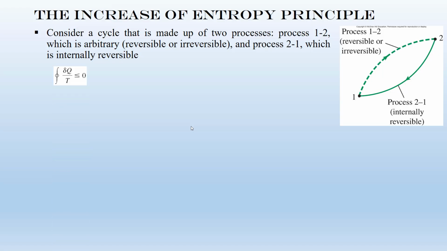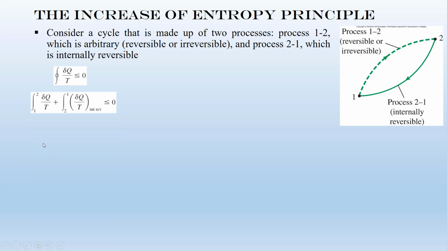Let's assume that we have a cycle, and from step 1 to step 2 there is either a reversible or irreversible process, and from step 2 to step 1 there is an internally reversible process. If you write the Clausius inequality, this inequality is valid for both reversible and irreversible processes. This delta Q over T, we can write as the combination of the delta Q over T for the first process and for the second process, correct?